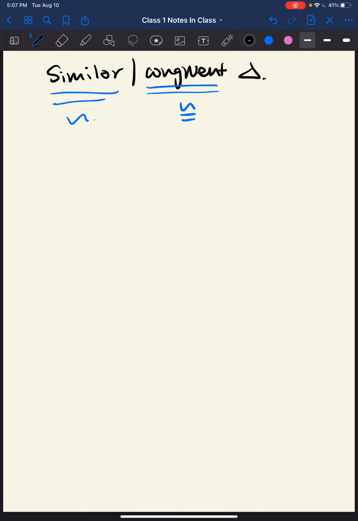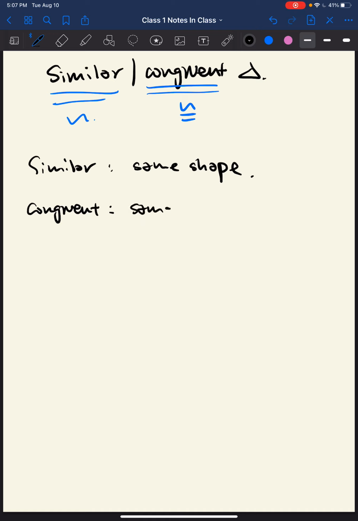Similar triangles basically means the same shape, but not necessarily the same size. And congruent means it has to be the same shape and size. So as you can tell, congruent is actually a very special type of similar triangles.